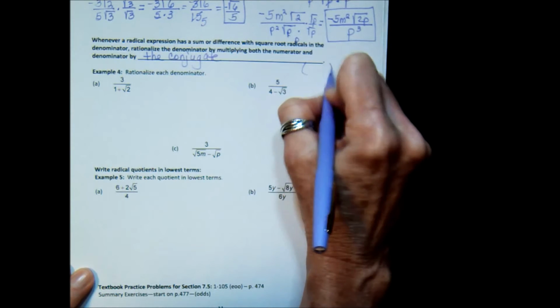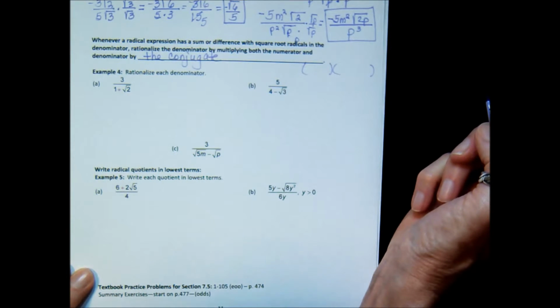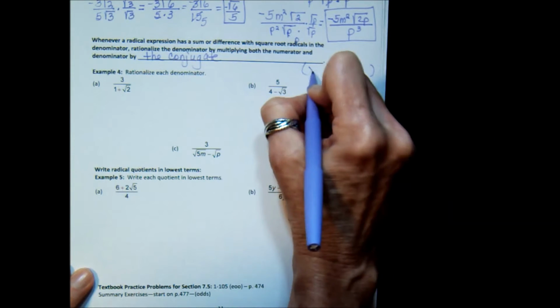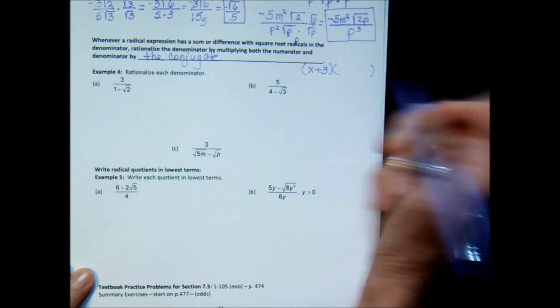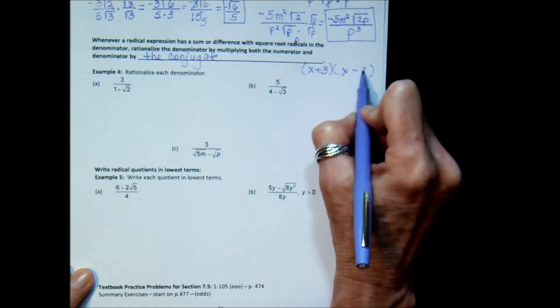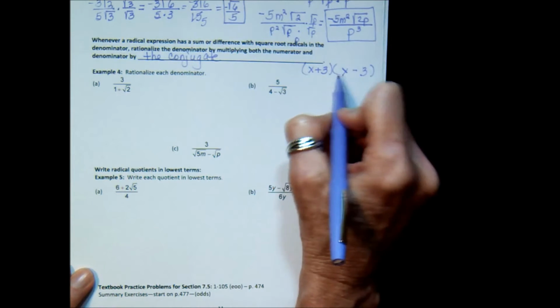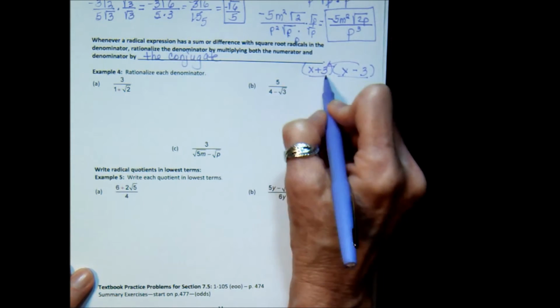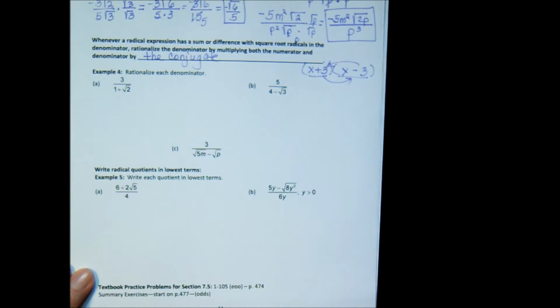If I have difference of two squares, let me just do it algebraically. And here I have x plus 3. The conjugate is the piece that goes with it with the opposite sign. So this is the conjugate of this, and this is the conjugate of that. So it's the same thing with opposite sign.